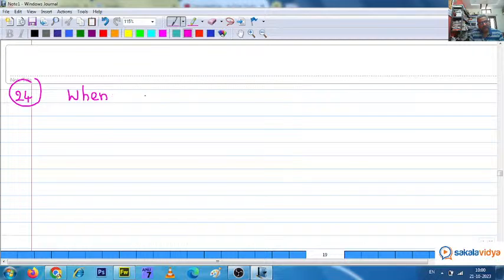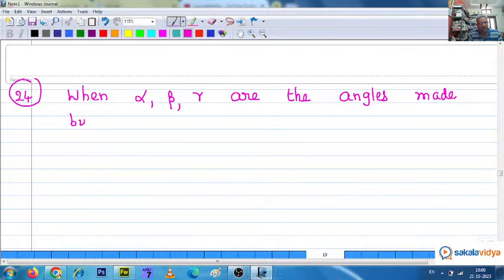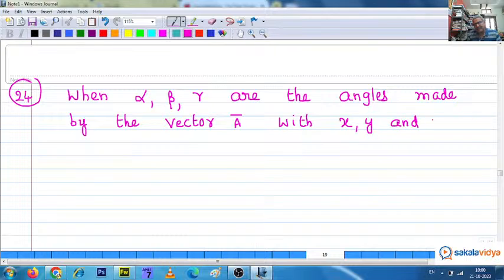When alpha, beta, gamma are the angles made by the vector A bar with the x, y and z axis respectively, then how to find out cos alpha, cos beta, cos gamma?